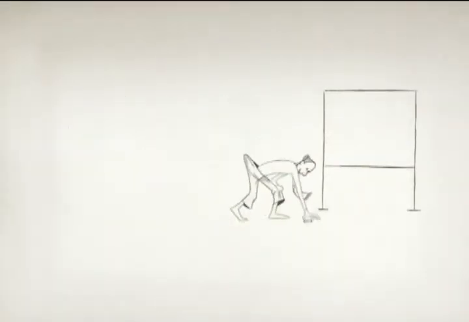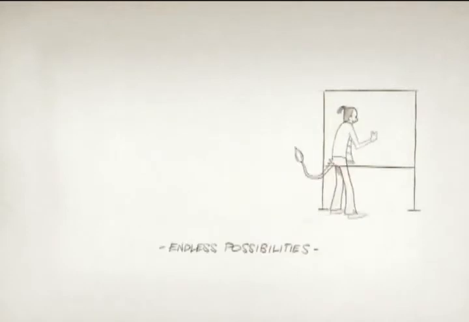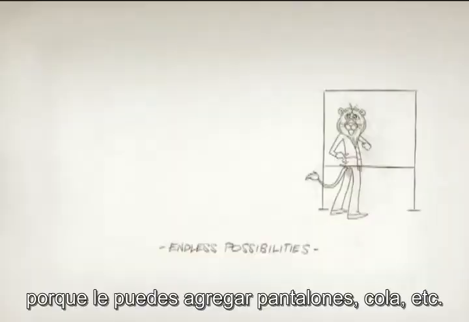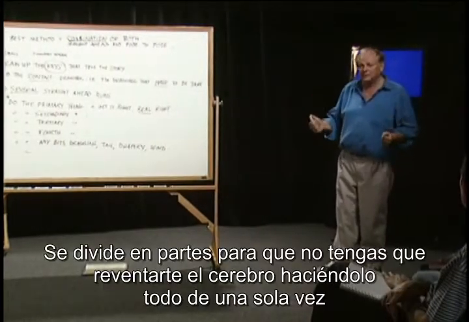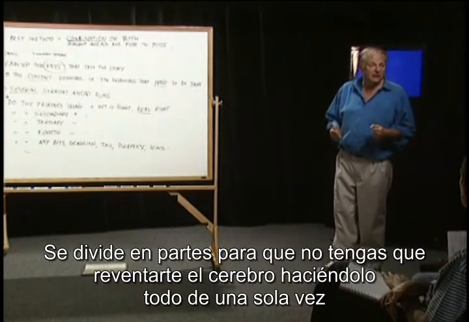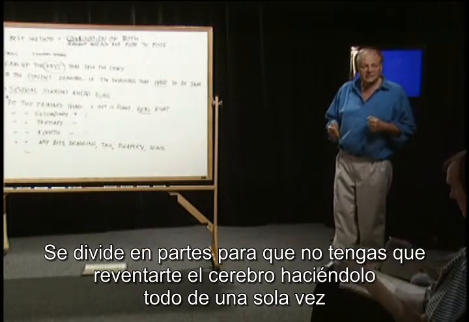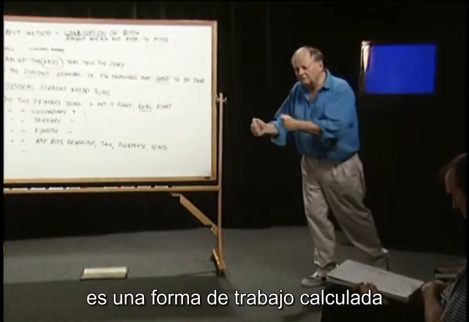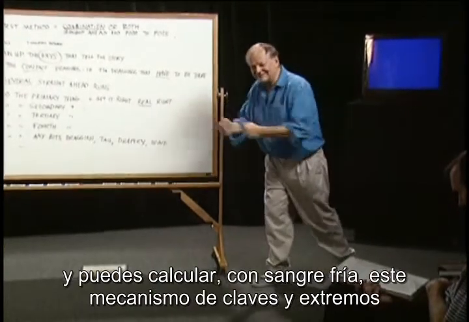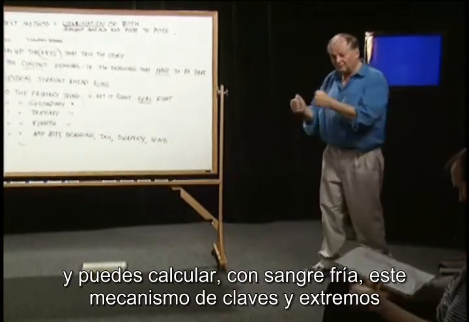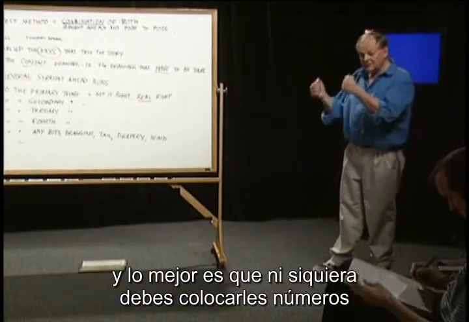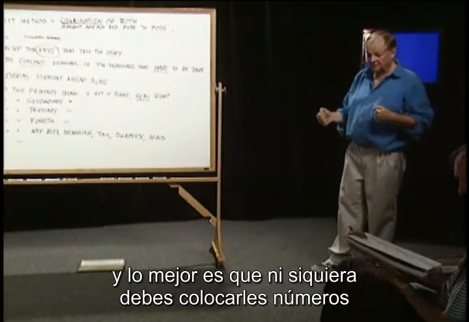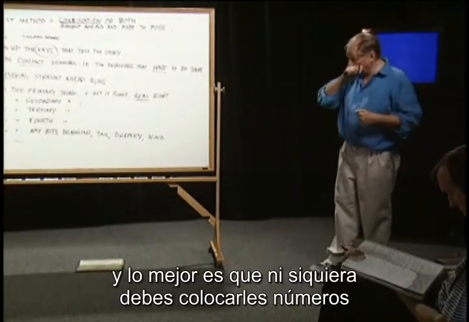And there's no end to it. So you break it down so that you don't have to break your brain trying to do everything at once. You get a calculated building mechanism to fit in these keys and extremes in a cold-blooded fashion. And you don't even need to number the drawings particularly, maybe the keys or something.